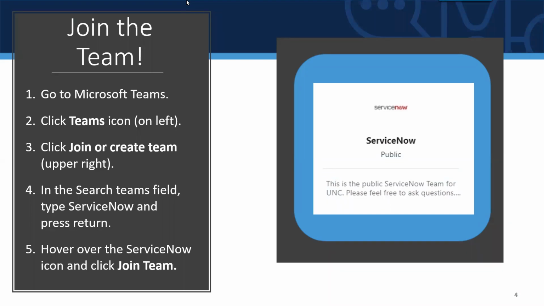In the Search Teams field, type ServiceNow and press Return. Then you can hover over it and click Join Team. It'll be one of the ways that we get information out to you. We'll post these slides as well, and you'll get those instructions, so you don't have to write those down madly right now. This is still an important resource for you as you're getting deeper knowledge about ServiceNow.